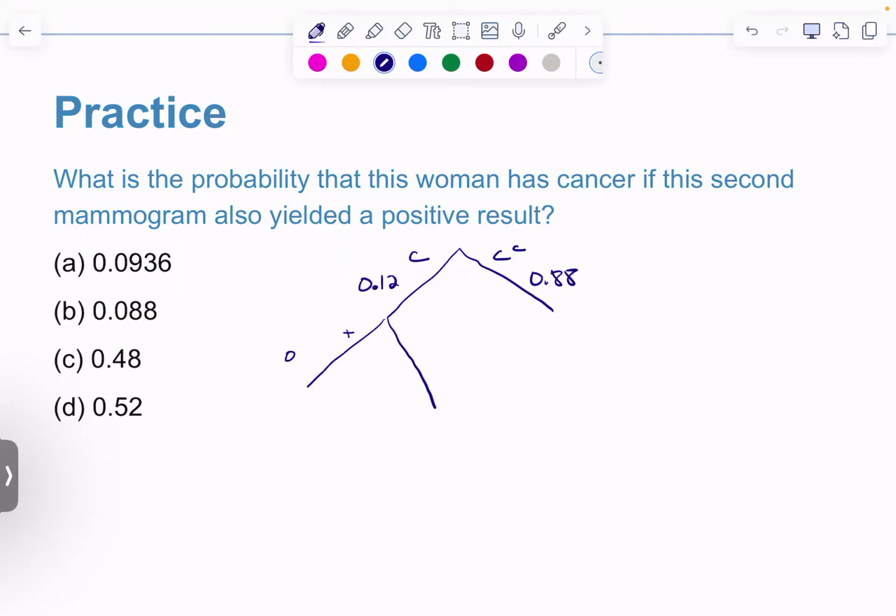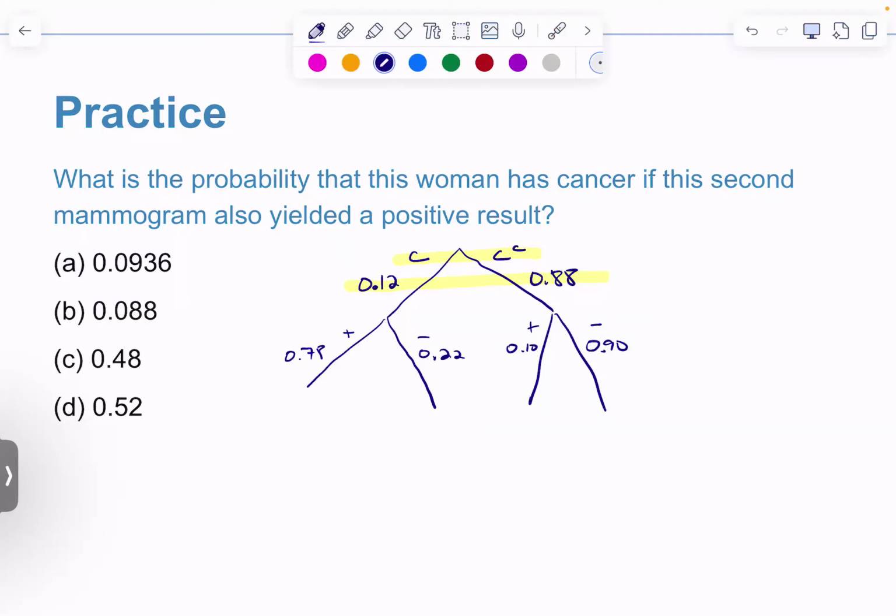I think it was 0.78 and 0.22, and 0.1 and 0.9. This is the change. Now that we're heading into a second test, we have to adjust the probability that they have cancer. There's still an 88% chance that they don't.